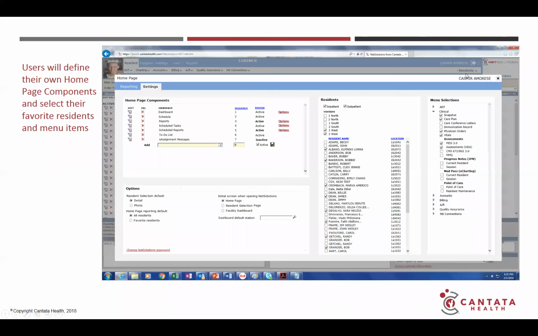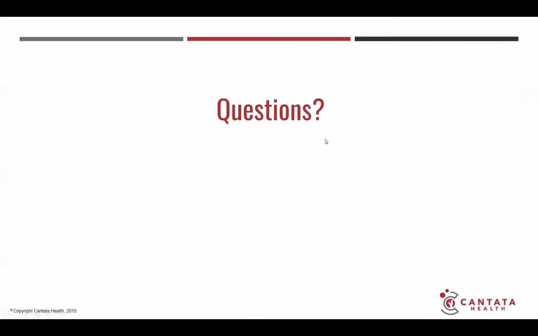If I want to see every resident, I can click on Resident Selection Screen or click on this tab over here. So this resident area allows you to pick and choose which residents I want to have on my quick select resident drop-down. All of these things are what we're going to be calling our home page, and that'll be available probably sometime in 2019.